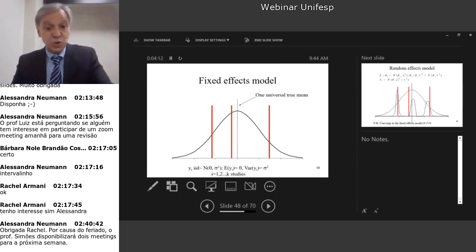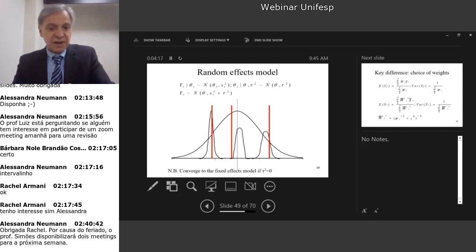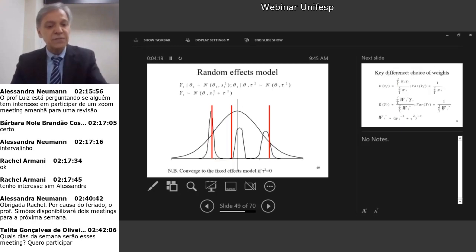And you have this true mean, which is imaginary and theoretical. Whereas here, every one of those has its own little curve, and they together compose a bigger curve. And there's also a mean over there, but you don't know it. And you can see this measure of variance has two levels. One is the fixed and the other is the random. And when the random is 0, then they converge to a fixed effect.